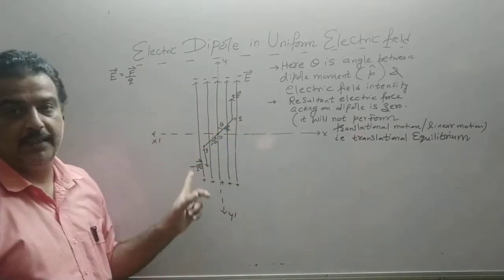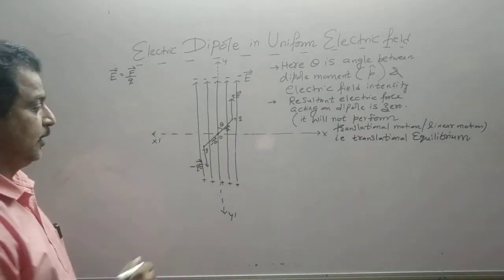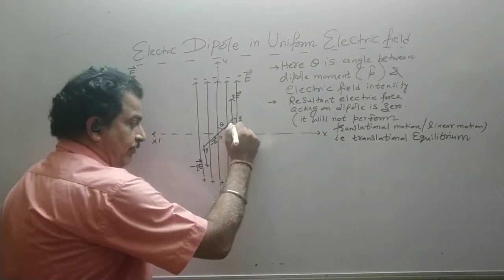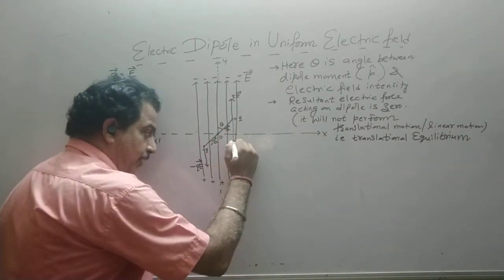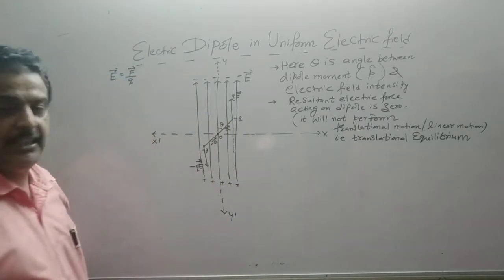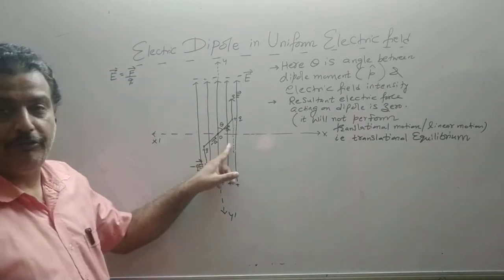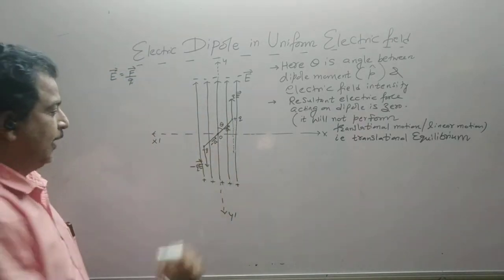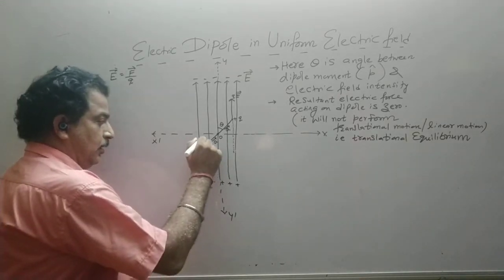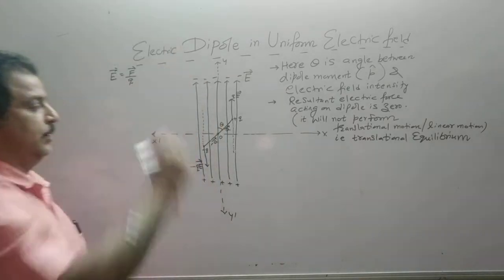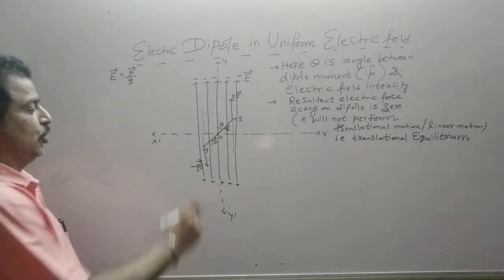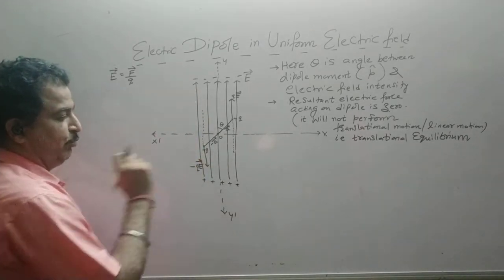Now let us come to these two lines. Both the forces are anti-parallel to each other. If I extend this line backward, which is known as the line of action of force in 11th, and this line upward, so this is the line of action of this force.